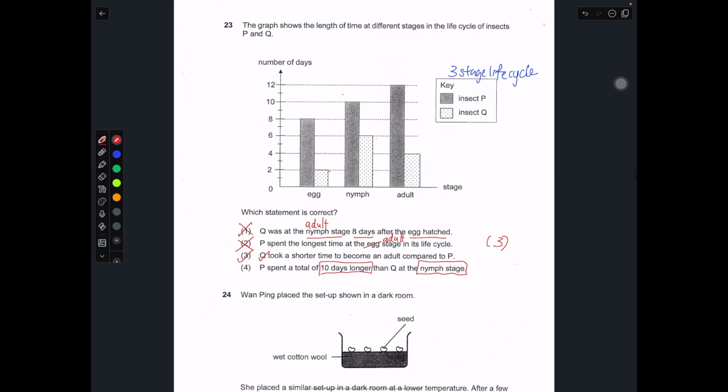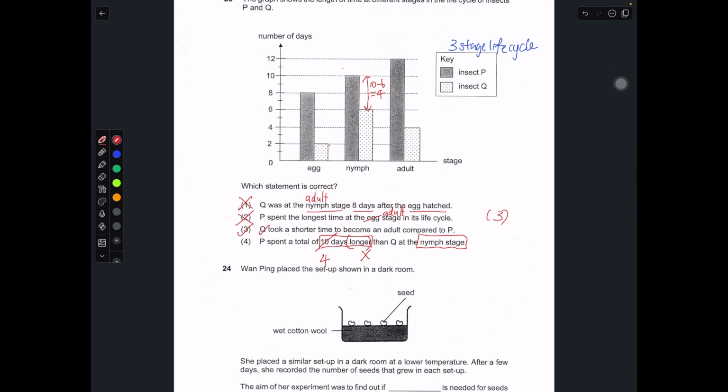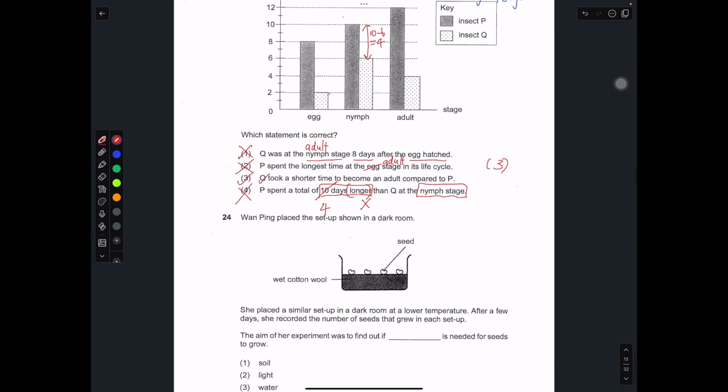This is incorrect because they say 10 days longer. So you compare this part. It is only 10 minus 6. 10 is here, 6 is here. This is how I get it. 10 minus 6 is about 4 days. P only spent a total of 4 days longer than Q at the nymph stage before both of them turn into adult. So this last statement is wrong.